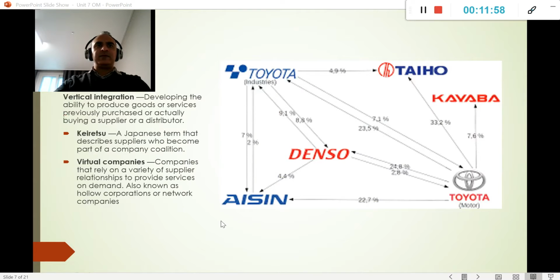And then, of course, virtual companies. This is a very new approach. Before, companies used to buy companies, right? Acquisitions. Nowadays, it's not necessary anymore. If I have technology sufficient and good enough to have a system that is connected to my suppliers, I don't need to own them.